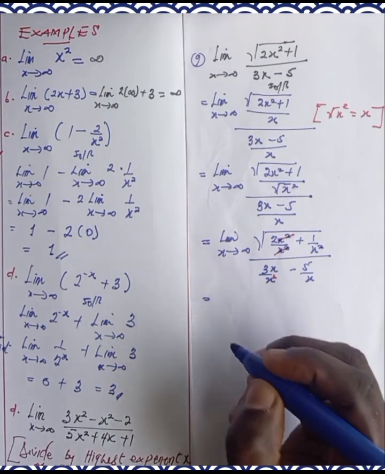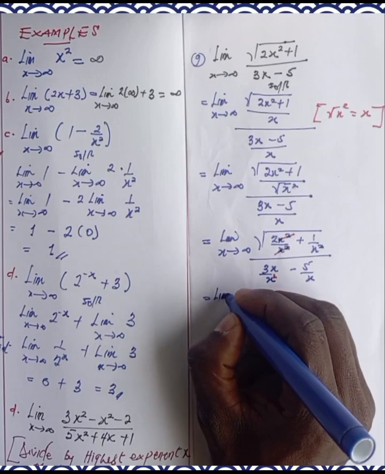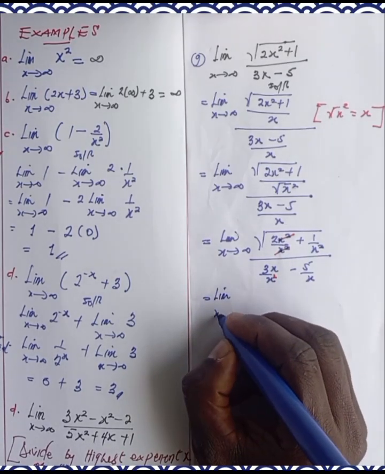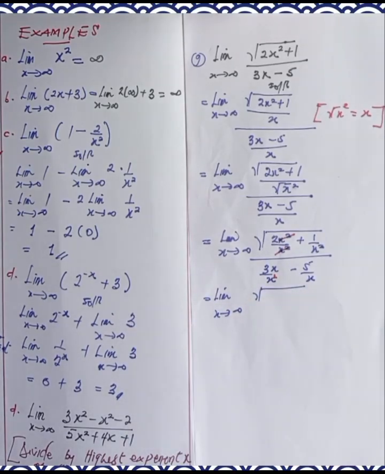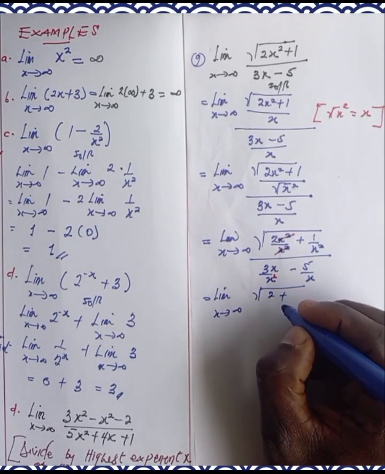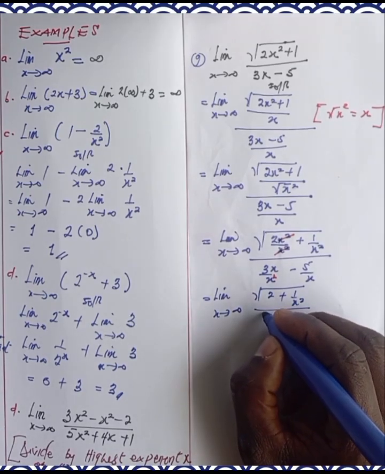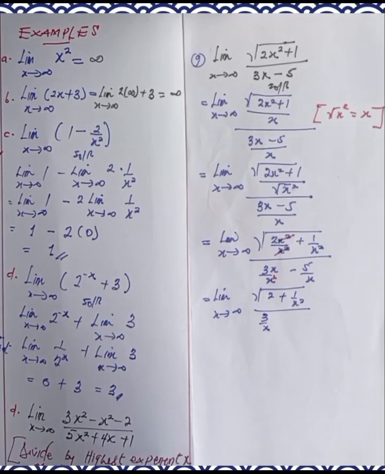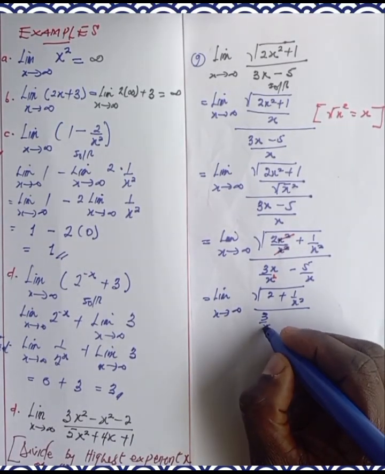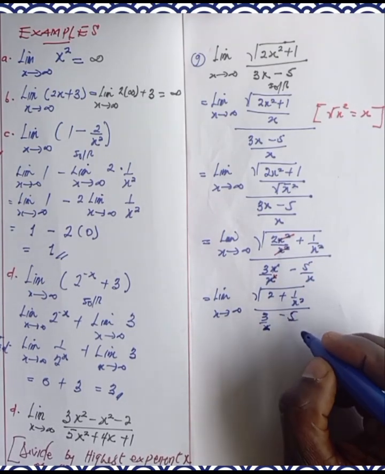So at the end, we are getting the limit as x approaches infinity of root of 2 plus 1 over x squared all over 3 minus 5 over x.